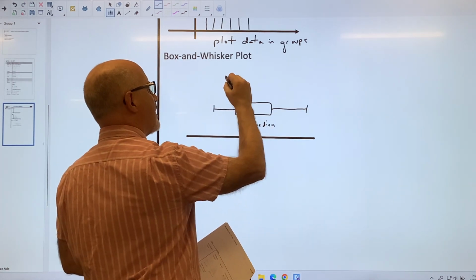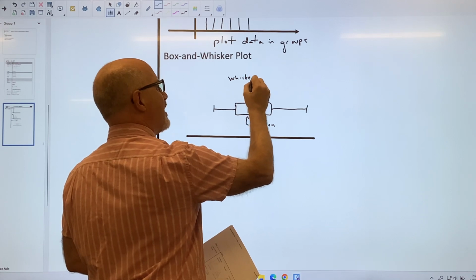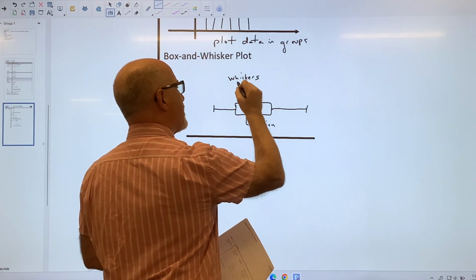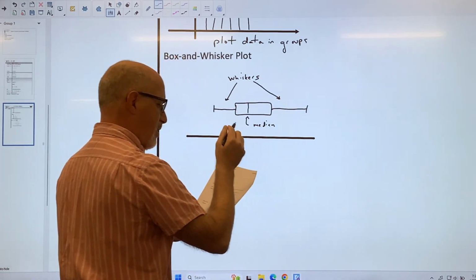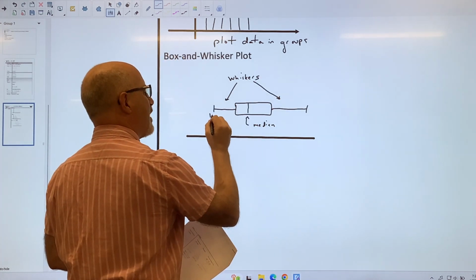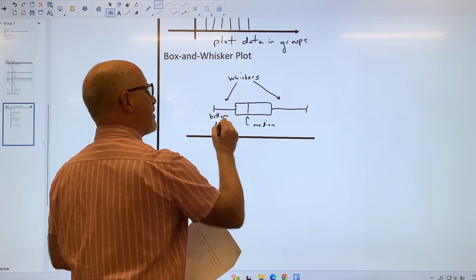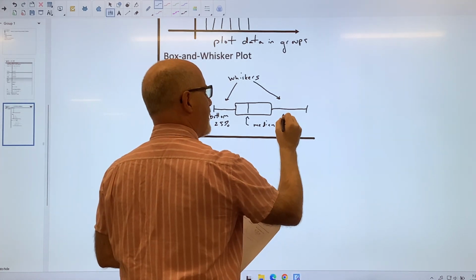This gives me the shape of what the data is summarized into. So this is a whisker, this is a whisker. This point up here, this is the bottom 25%. This is the top 25%.